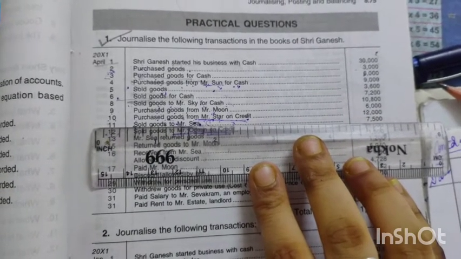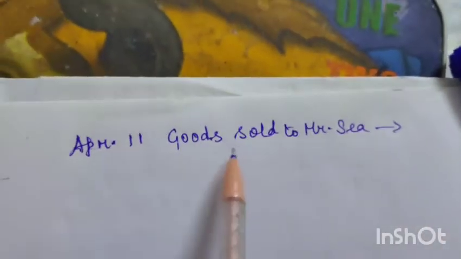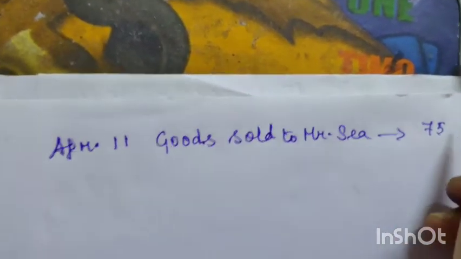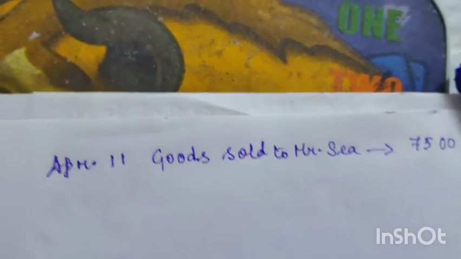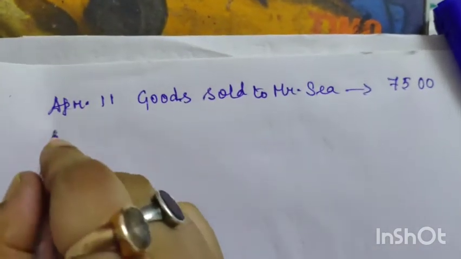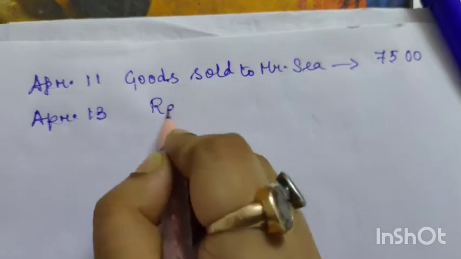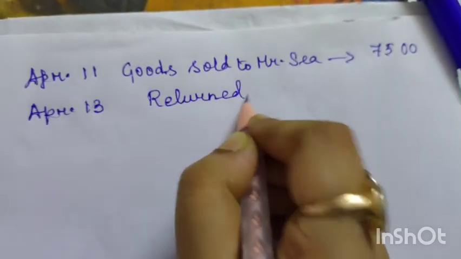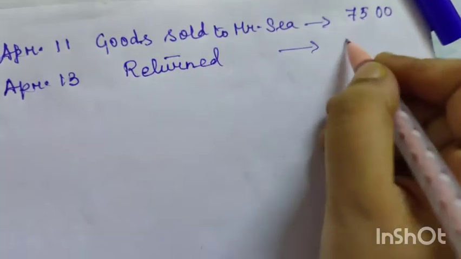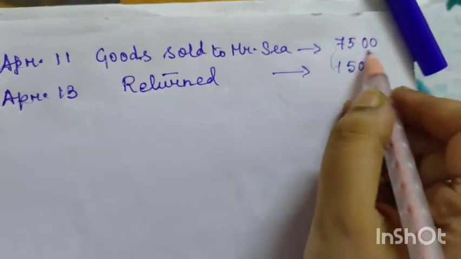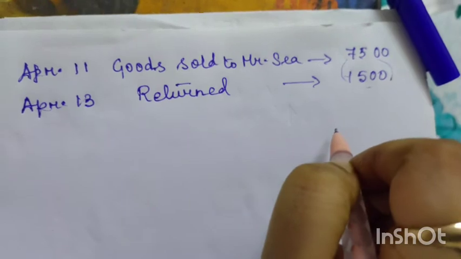Now in this case, you have seen that on April 11, goods were sold to Mr. C. What was the value of the goods? 7500. Now suddenly on April 13, he has returned the goods. Okay. What was the value of the goods he has returned? 1500. 1500 of goods he has returned to us.